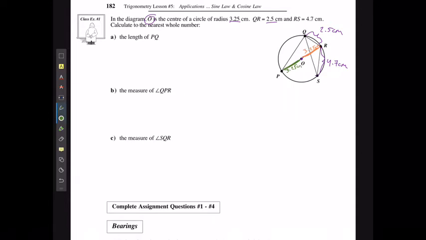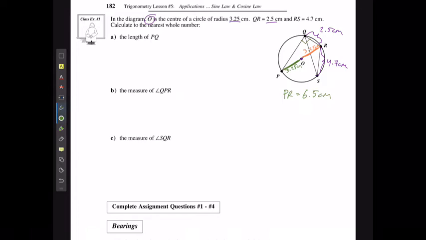The first thing that it wants to know is what is the length of P to Q. Well, if this length is 3.25 and this length is 3.25, then I can say that the length of P to R is going to be 6.5 centimeters for that total length. So now I have this right angle triangle where I can use the Pythag to solve that.